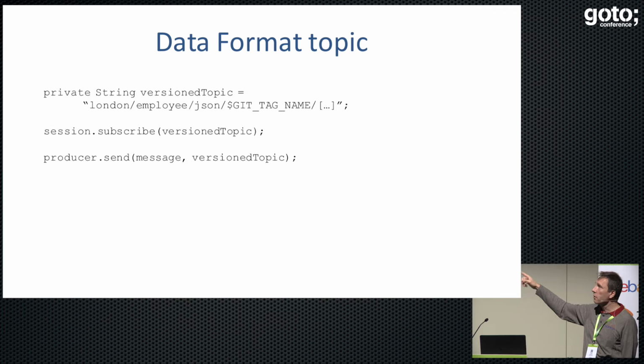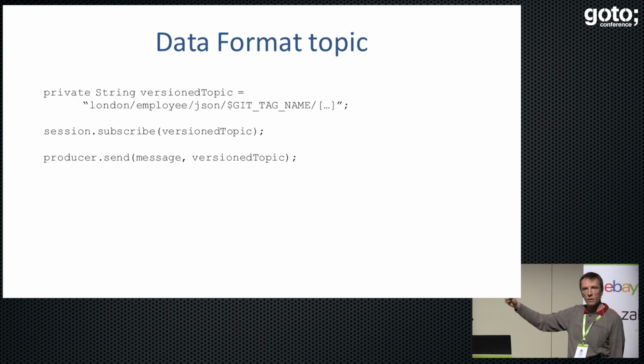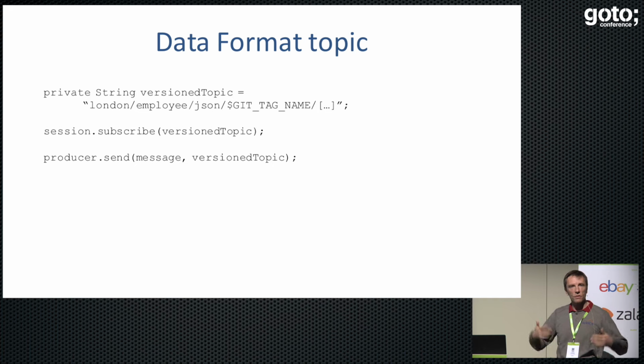So what we've done here is we've extracted information from our version control system and put it directly in the topic, because the topic's completely dynamic. Now, what's great about that is that regardless of what the data format is, we automatically create our topics, and the data format is then part of that topic. So, for instance, when I send my V1 data, it will only go over that V1 topic.